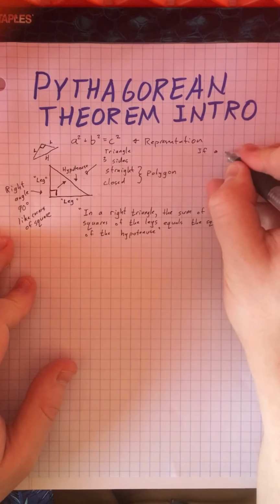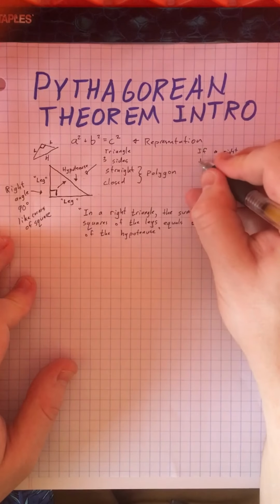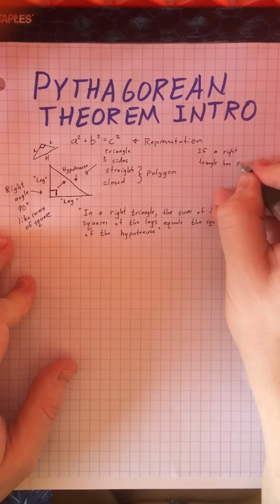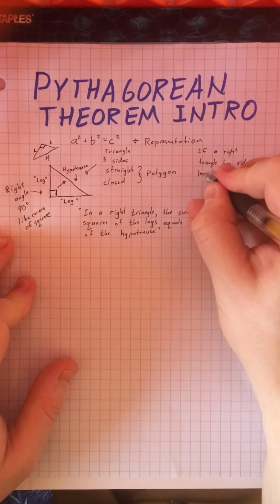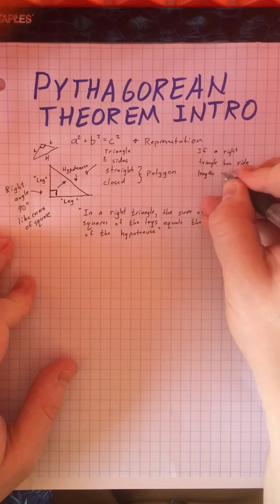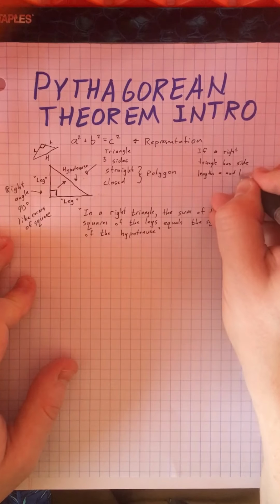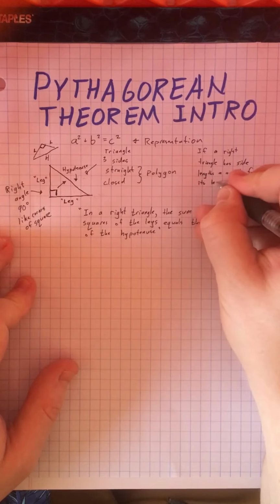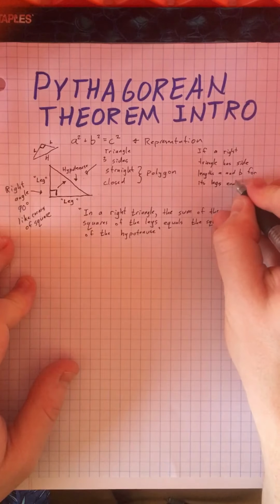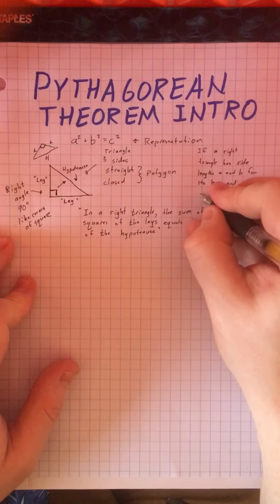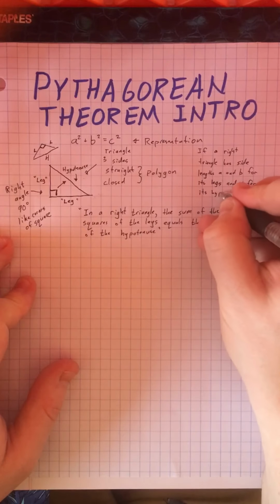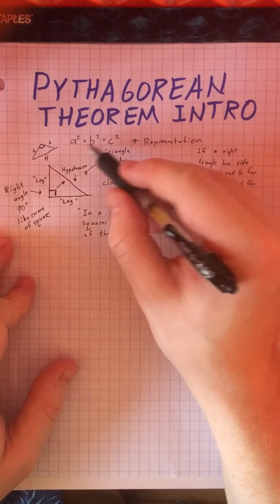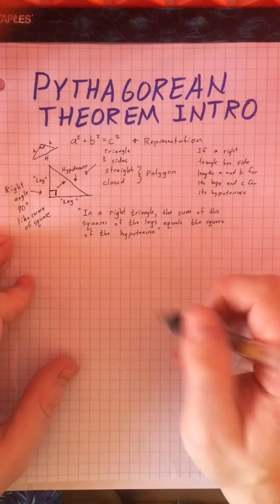If a right triangle has side lengths a and b for its legs, and c for its hypotenuse, then we can say that a squared plus b squared equals c squared.